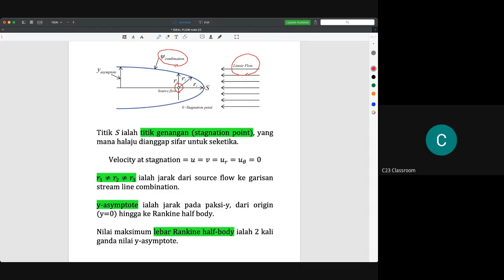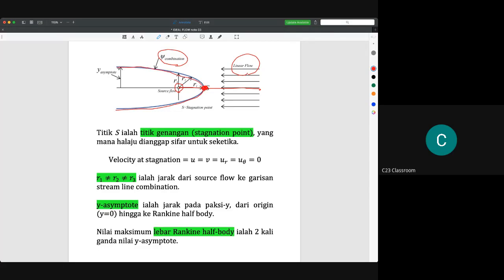So where does the combination occur? The combination occurs when this molecule merges with this molecule. When they collide, it will stop for a while, and then it will move along this blue line.